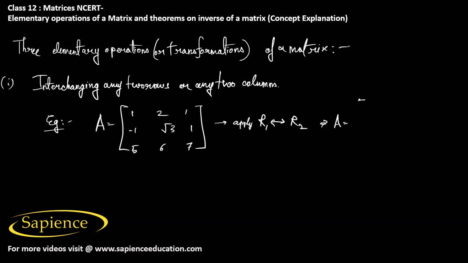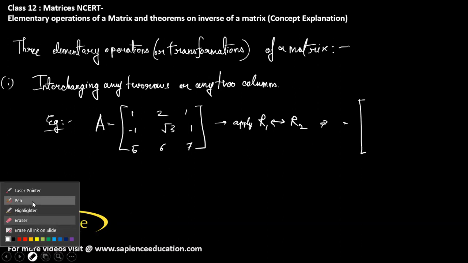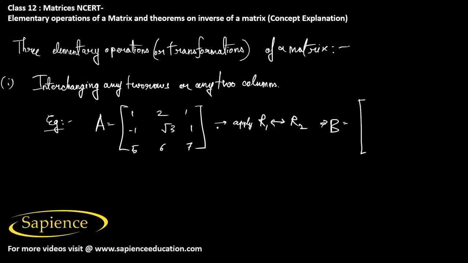So the transformed matrix, let's call it B, since A dash means A transpose. In B, the second row goes to the first row, so it is minus 1, root 3, 1. The first row goes to the second row, so 1, 2, 1, and then 5, 6, 7.